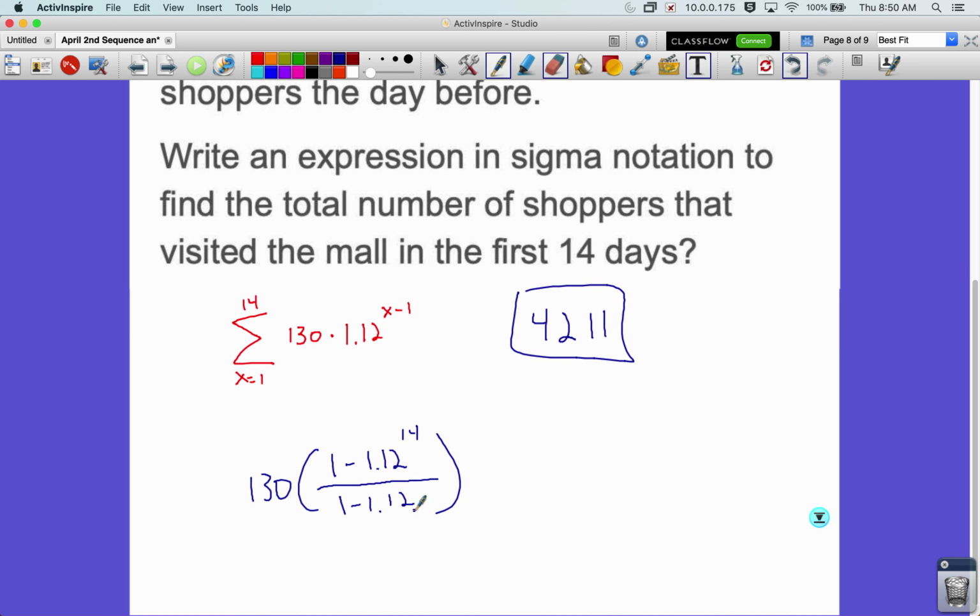Let's plug this into our calculators. 130 times parentheses 1 minus 1.12 to the 14th, close parentheses, divided by parentheses 1 minus 1.12, and I get exactly the same number, 4,211. All right, and I guess we should say people or shoppers, give it some sort of unit.